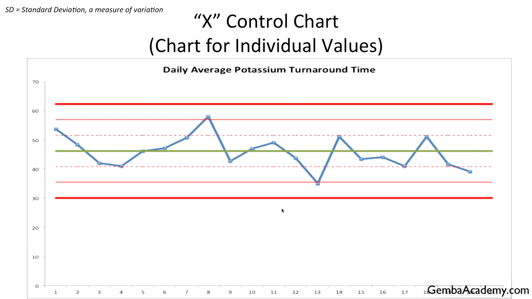Looking at this control chart, I see that the process looks stable, that we can pretty well predict that tomorrow's average is going to be somewhere between 30 and 62 minutes, and that the average is about 47 or so. Now, we might not be happy with the level of variation in the system, but any particular up and down from day to day we would consider to be noise in the system.